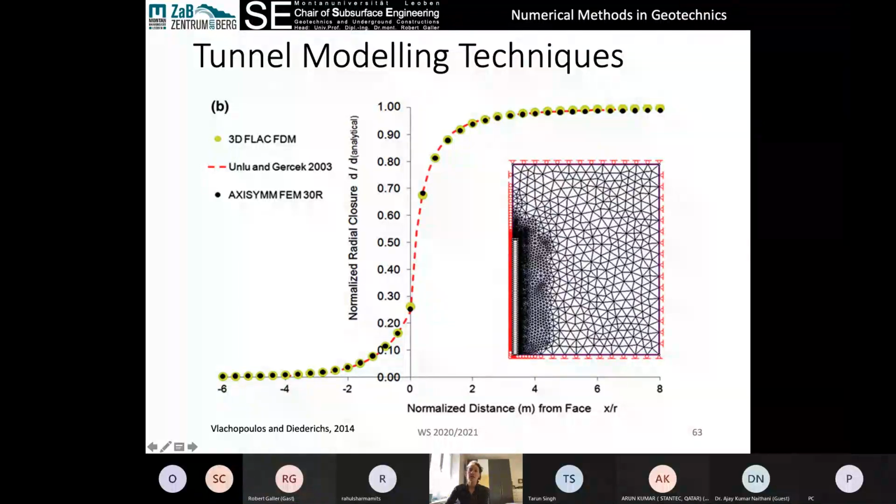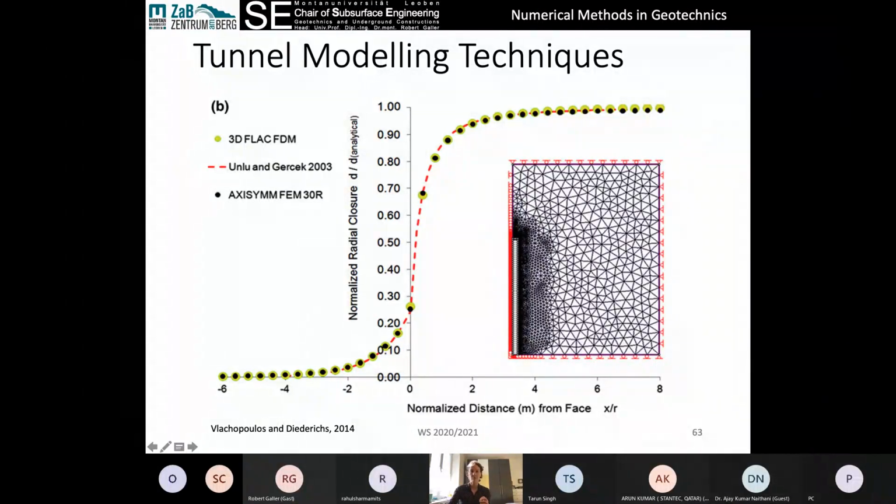And as we look at the deformation approaching the tunnel face, in this material over here, it increases until we get to the face. The face has already experienced nearly 30% of its total deformation. And then, of course, the deformations increase rapidly at the excavation and then slowly decrease until they reach 100% of the deformations somewhere back here. So that's what this part of the curve is here.